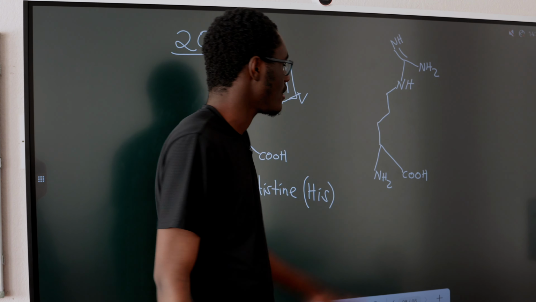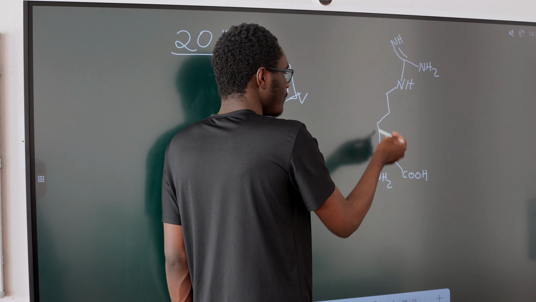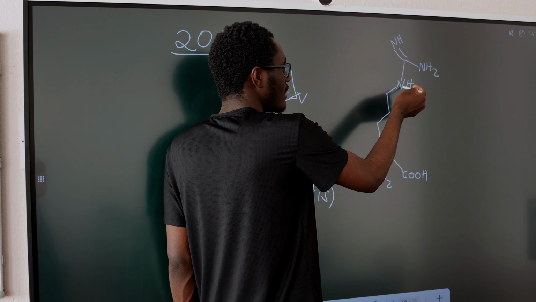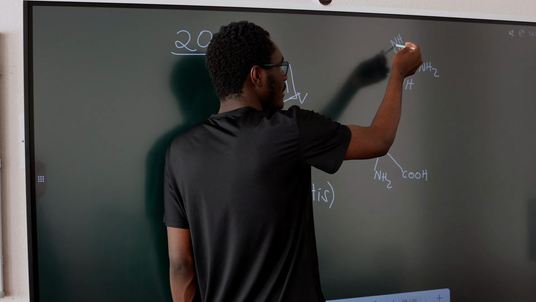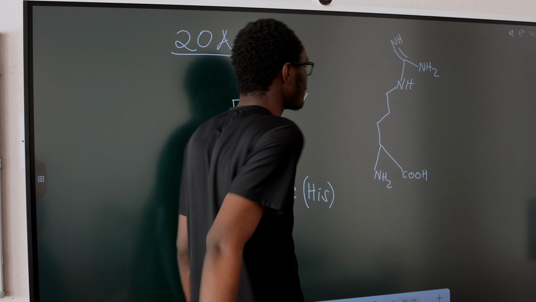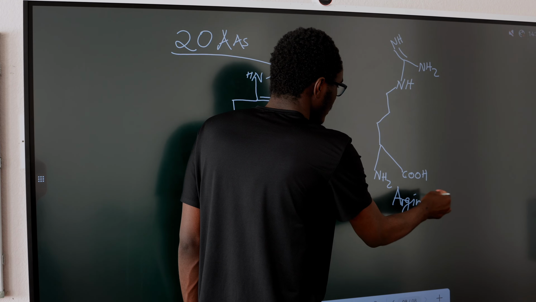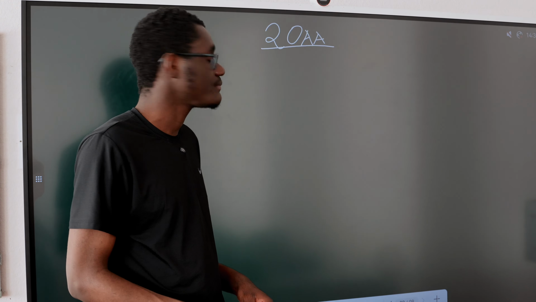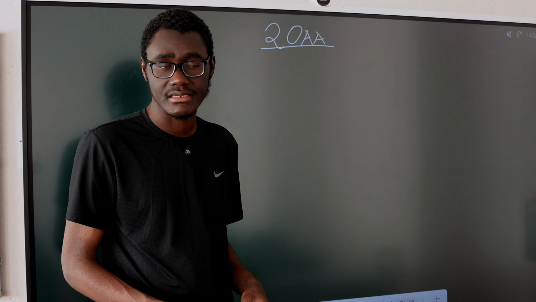So this is arginine. So you're going to count 1, 2, 3, 4, 5. Sixth one is amino group, NH, and then you're going to have carbon, then a double bond and a single bond. So we're having arginine, ARG.